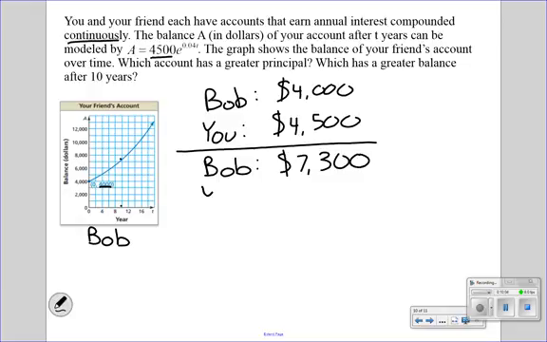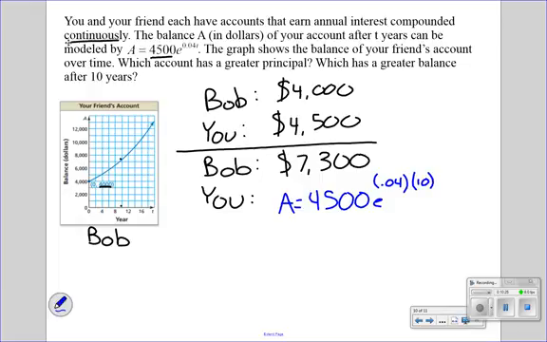Now, as for you, in order to figure out how much money you have after 10 years, we're going to need to plug 10 into our equation for t. So remember, A equals 4,500 times e to the 0.04 times 10, right? Because it's 10 years. So we can plug this in our calculator.